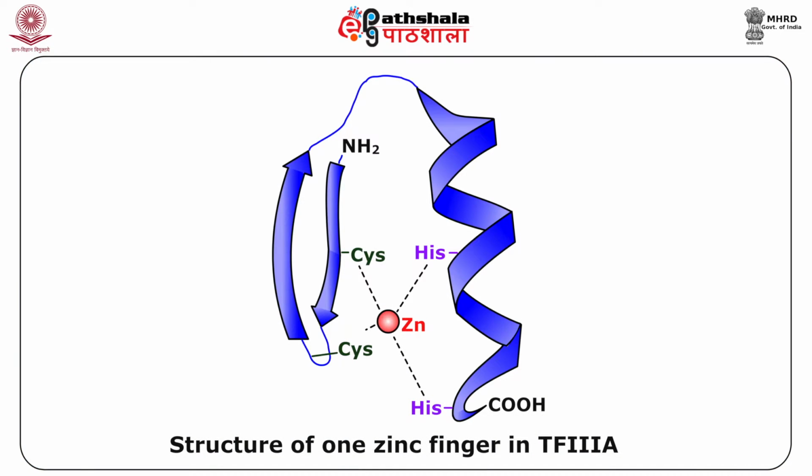The coordination of two cysteine residues, which are 2 to 4 amino acids apart, with zinc induces the formation of an N-terminal antiparallel beta-beta loop structure in the TF3A, as shown in the figure.